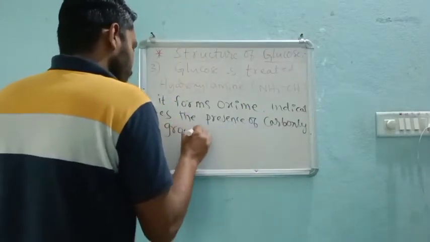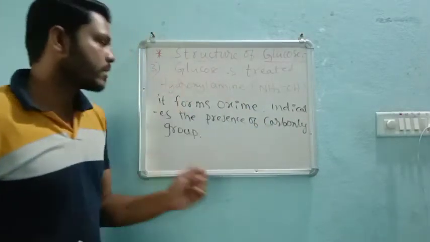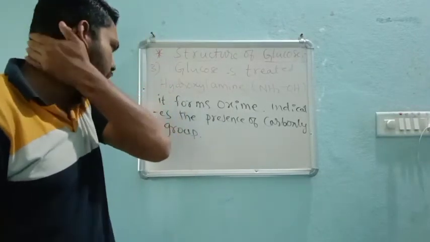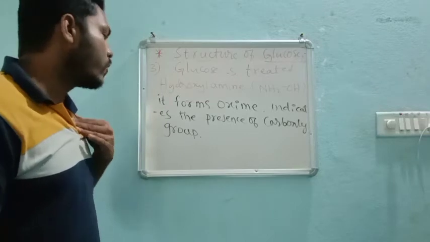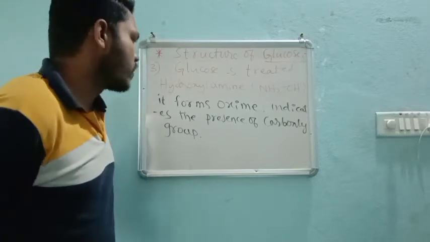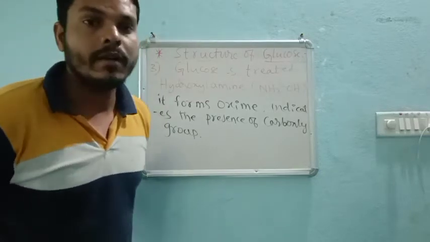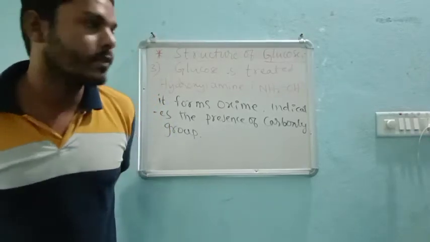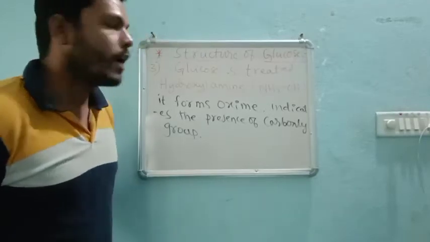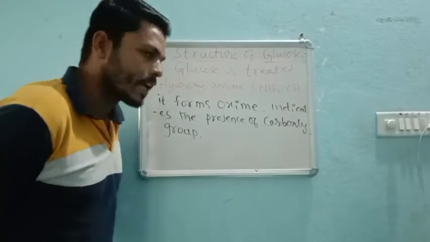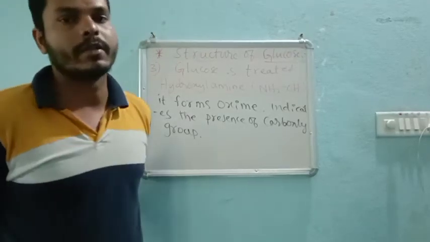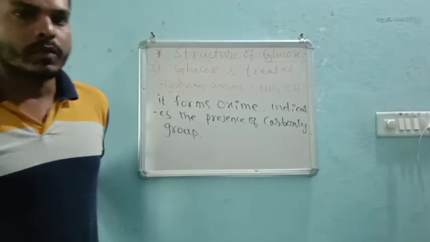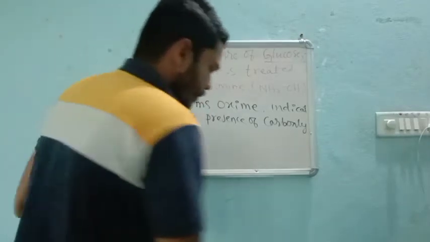So the question on this point, they ask like this: how do you confirm the presence of carbonyl group in glucose? Your answer should be like this: glucose, when we treat it with hydroxylamine, forms oxime, and that formation of oxime itself indicates the presence of carbonyl group.